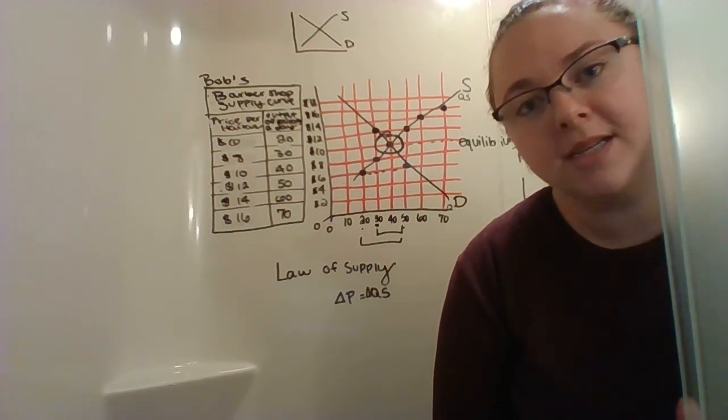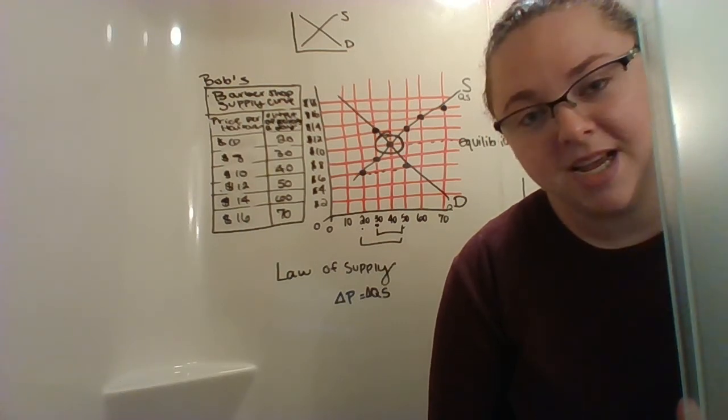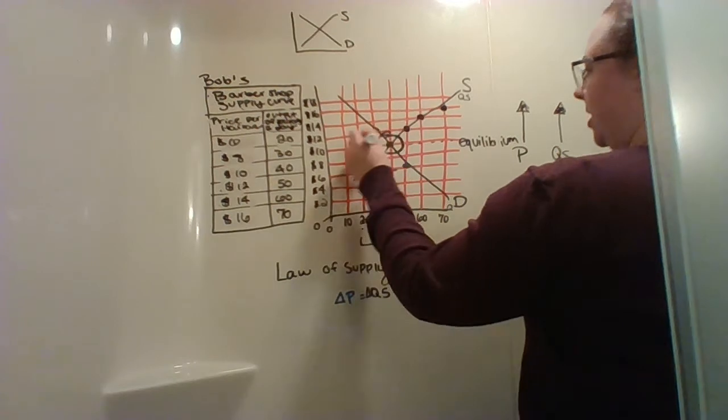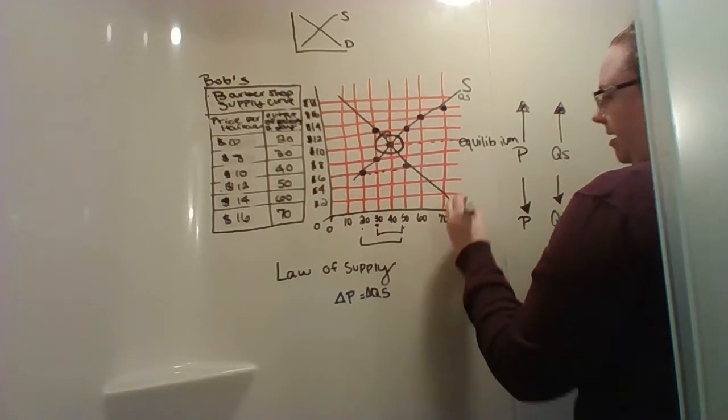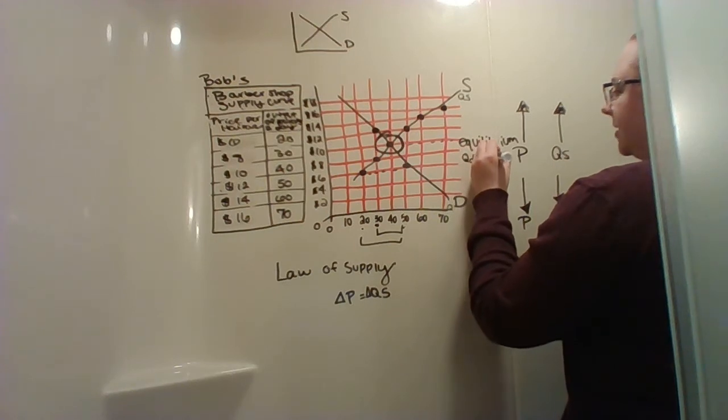They want to end up at the equilibrium because then we're not overutilizing materials, resources, we're not underutilizing materials, and people aren't being let down. We're equal, we're happy, so on and so forth. So this is the equilibrium. The same amount is being supplied as being demanded. Happy, happy, quantity demanded equals quantity supplied at equilibrium, right here.